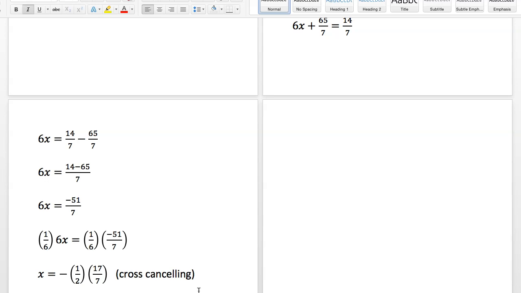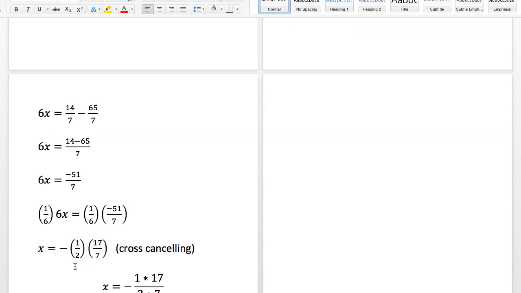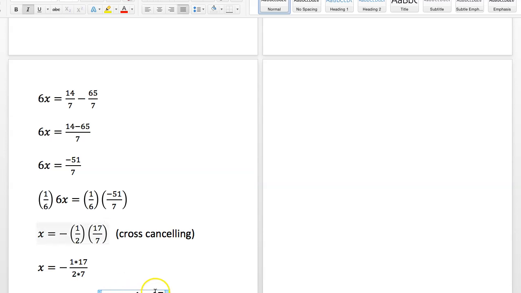So it's going to be negative something, but hey, we can just come together. We got a fraction, that's just top times top, 1 times 17 over bottom times bottom, 2 times 7. Okay, and so that is just going to be, well, that's just 17 itself.